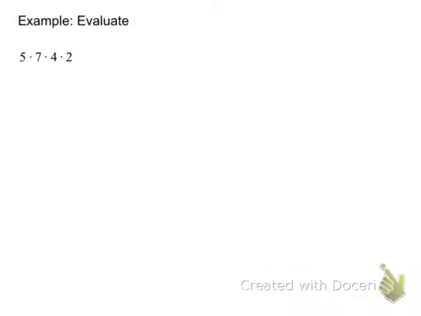Right. Okay, the last thing I want you guys to do is just evaluate this again. Tell me some steps that you're using. Here's the thing. All of these numbers are multiplied. I can multiply in any order I want.